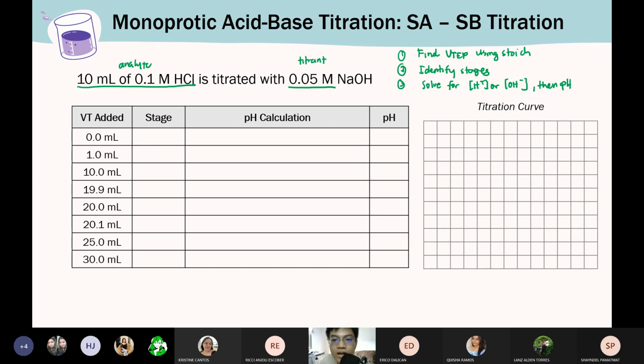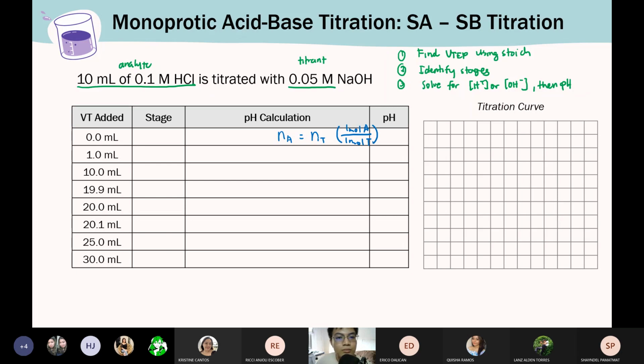Sige. Hanapin ko si VTEP. Ang aking best friend na si VTEP. Okay? So, again, to get the volume of titrant at equivalence point, we assume that everything is equivalent. So, dapat ganito siya. Okay?